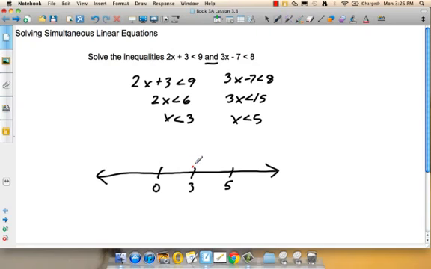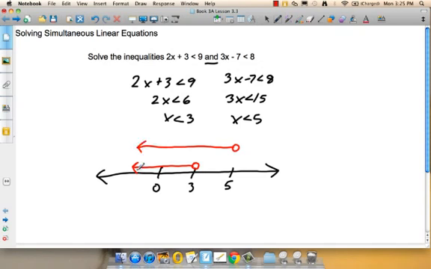I'm going to take my empty dot at 3 because 3 is not part of my solution, and it goes this way. Then I have my empty dot at 5 because 5 is not part of the solution, to represent x is less than 5.